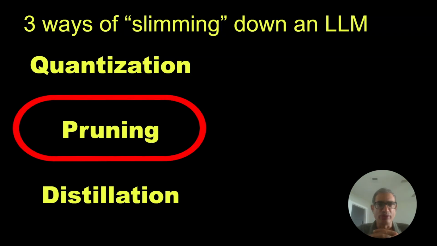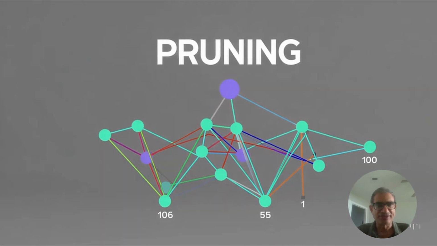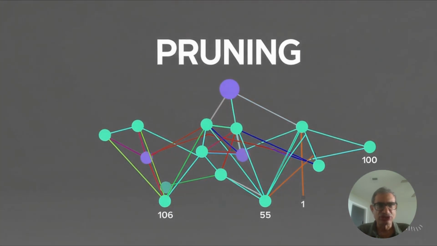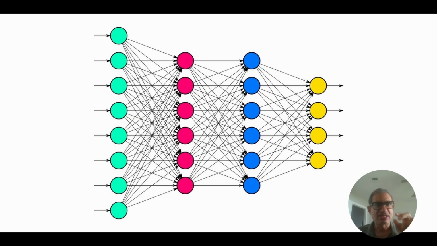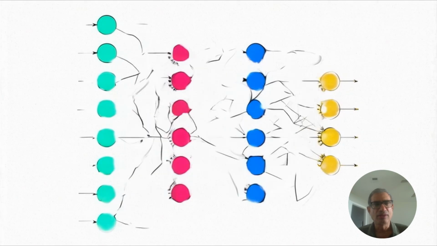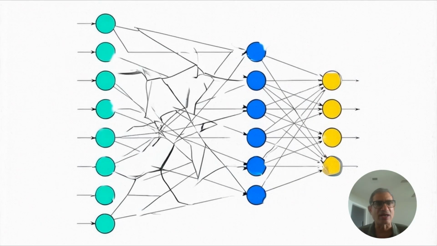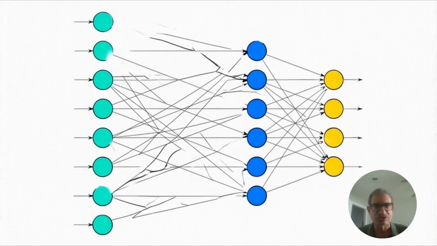Next, let's look at pruning. We've all seen images of neural nets: an initial set of input nodes, your output nodes, and hidden layers in between. There are plenty of nodes and arcs. If you like the brain analogy, these nodes are called neurons, and the synapses connect one layer to the next. The idea behind pruning is very simple. You just drop a bunch of these nodes, or you drop a bunch of the arcs, the edges connecting two nodes.